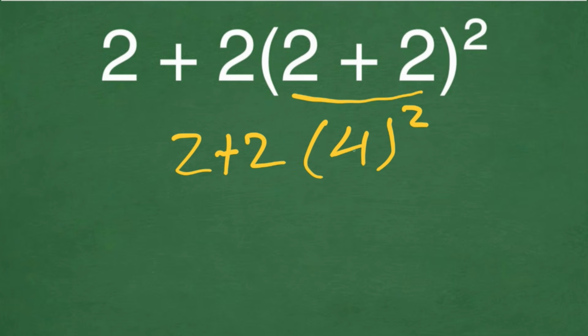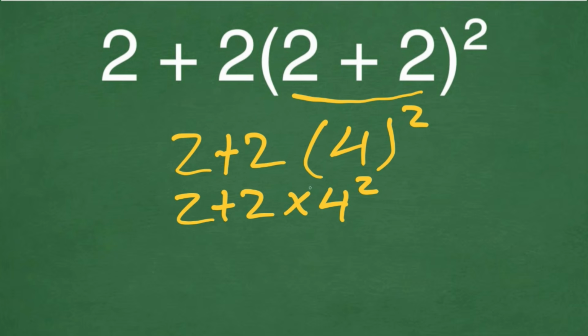So since there is no problem inside the parentheses, we can get rid of the parentheses, right? So we can rewrite the problem like 2 plus 2 times 4 to the power of 2. So here we have a multiplication, right?